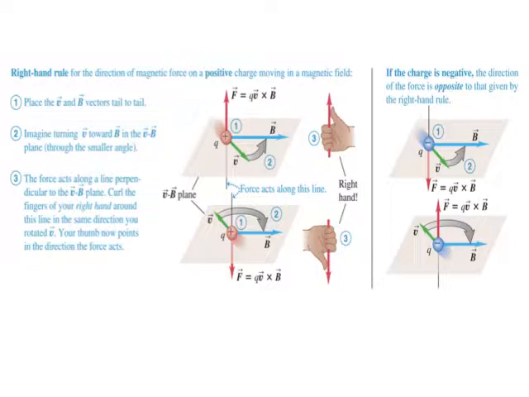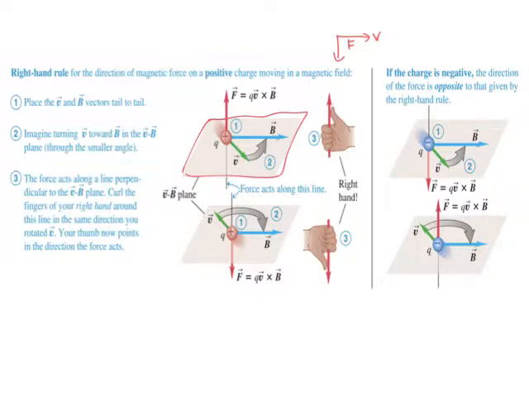But the thing that you need to understand here is if the velocity is moving in the plane perpendicular to the magnetic field, which is like this, then the charge is going to move in circular motion. If the force is perpendicular to the velocity, it is definitely moving in circular motion.